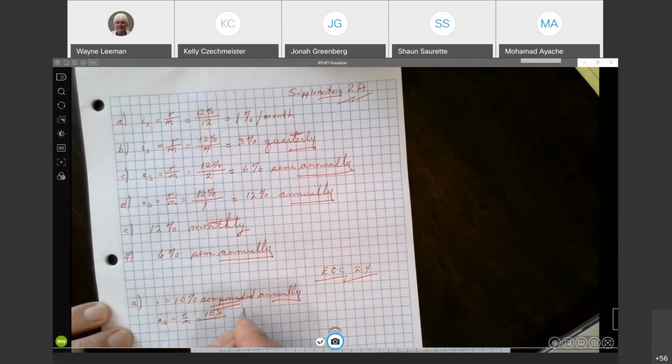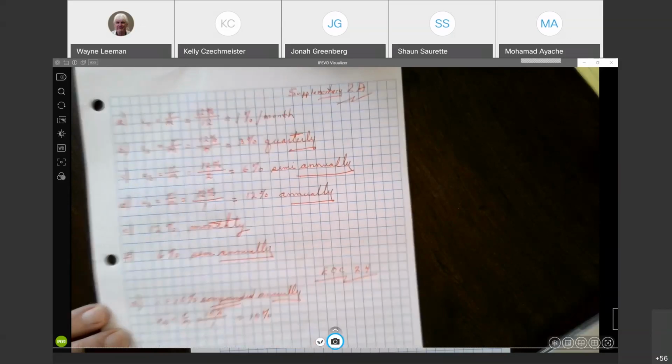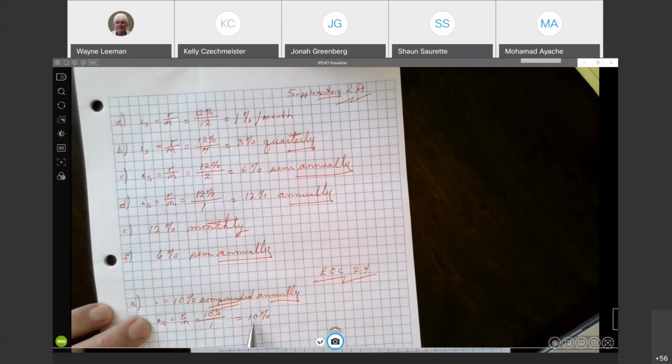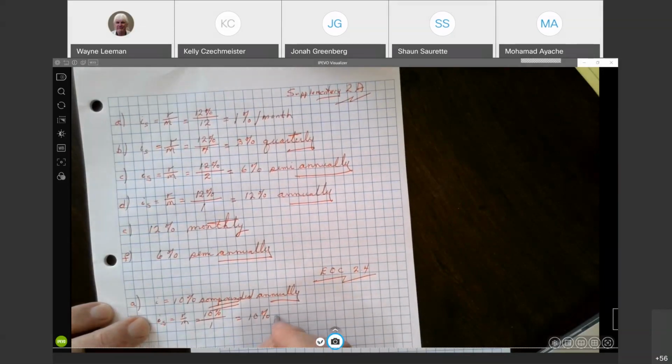Well, annually, that occurs once a year. So we're back to 10% as our sub-period interest rate. And I should write this in here, yearly or annually, either way, semantics, it's synonymous.